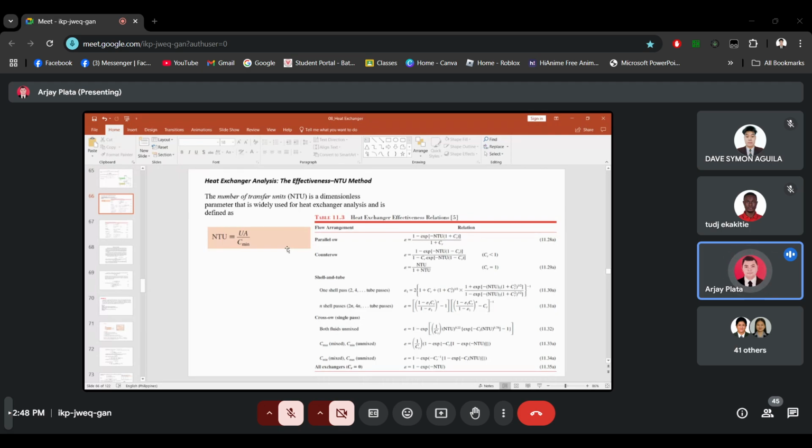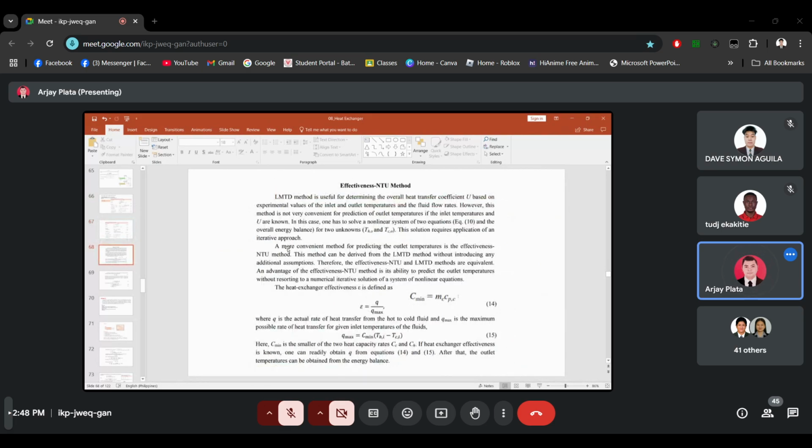Effectiveness is defined as the ratio of the actual rate of heat transfer in a heat exchanger to the maximum possible heat transfer rate. So this is the formula: epsilon equals Q over Q max.